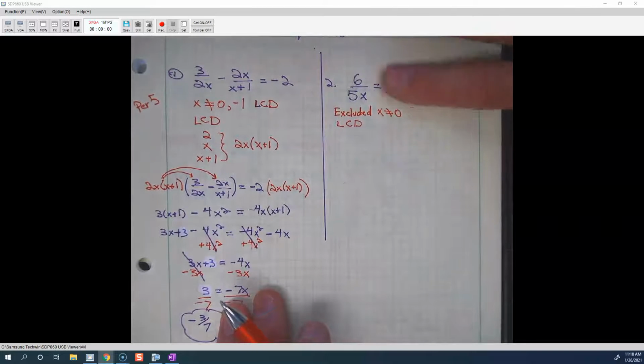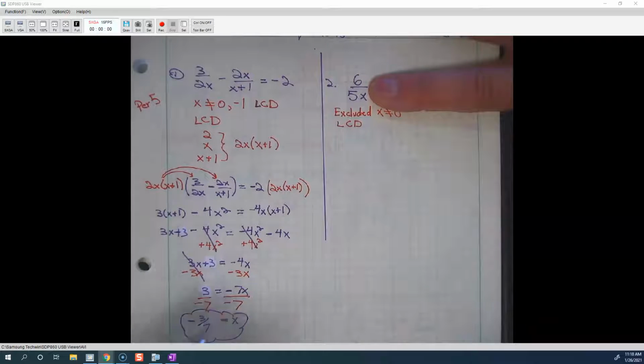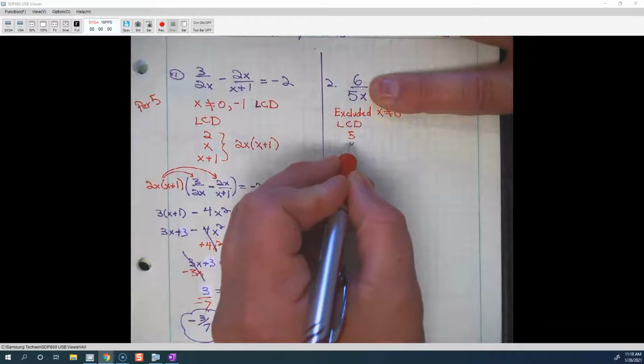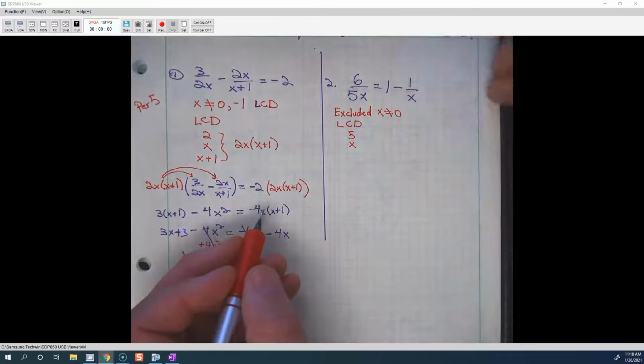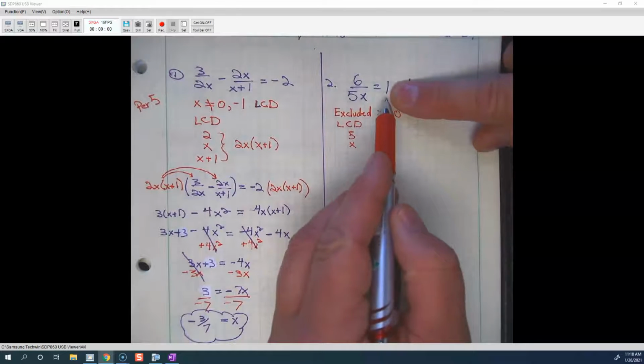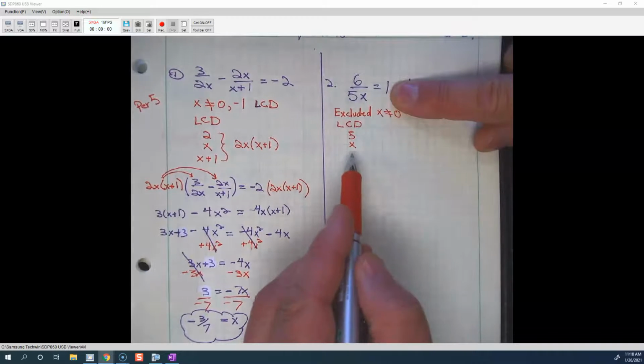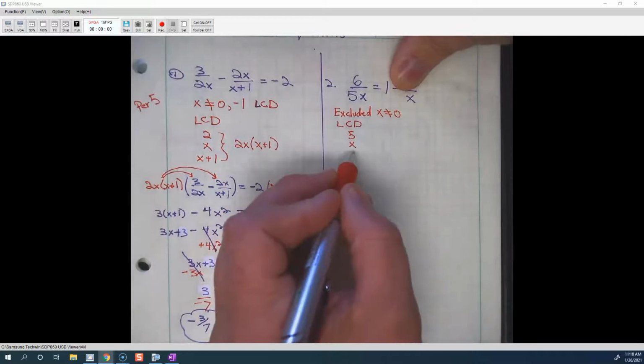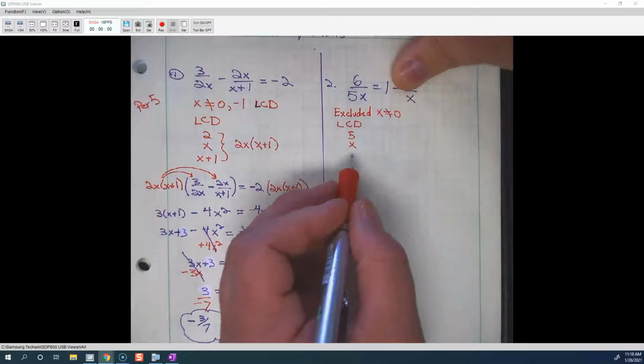All right, now to get the common denominator, I'm going to take each one of these. So that denominator is 5x. So 5 is a factor and x is a factor. The denominator of this 1 is just 1, so I don't need that. And then the denominator of this factor is x, which I've already listed.